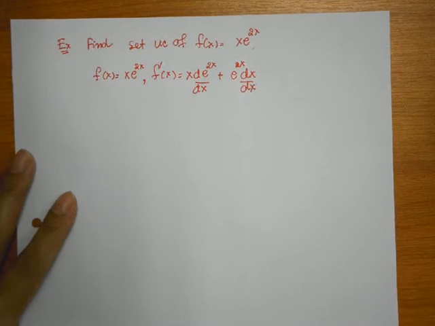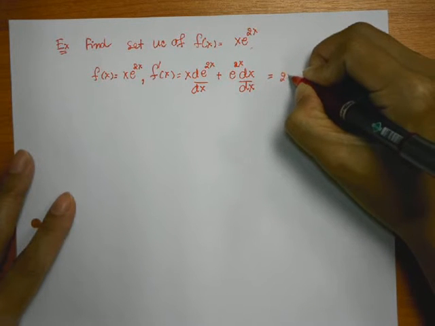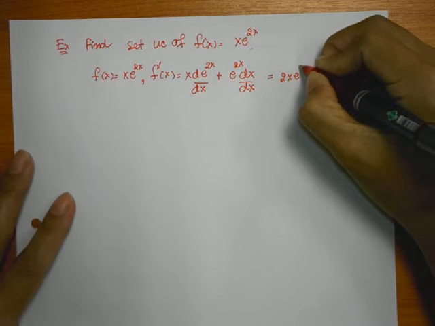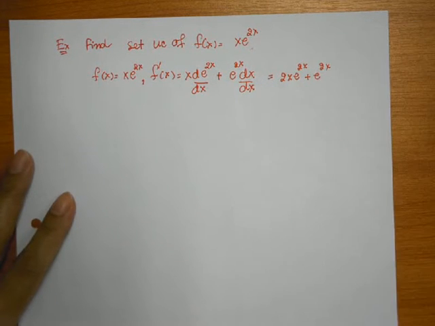Which is equal to what? 2x e to the exponential of 2x plus exponential of 2x.